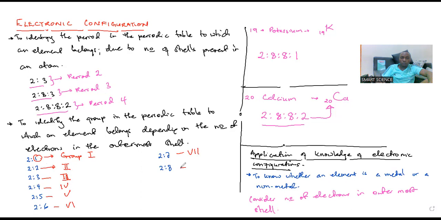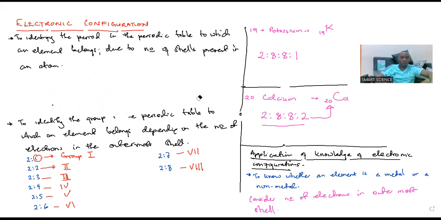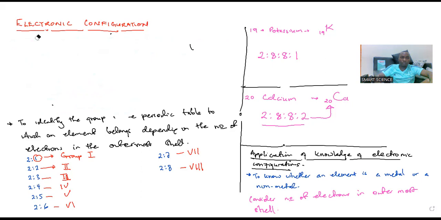Here it will be group 7, and lastly group 8. And groups are written in Roman numerals, while periods are written in numbers. So that is also another way of using the knowledge of electronic configuration to classify different elements in the periodic table.